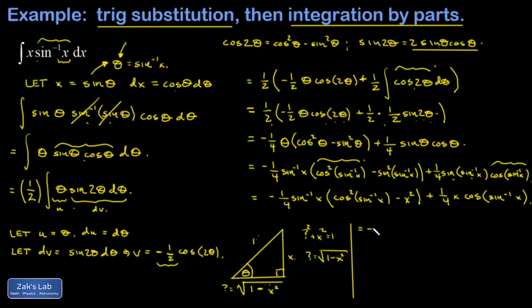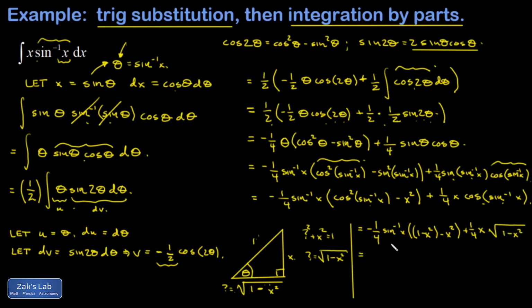So finally, I can write negative 1/4 inverse sine x times the square of the cosine of the angle whose sine is x. In other words, just 1 minus x squared. That undoes the square root. Minus x squared plus a 1/4 x times the cosine of the angle whose sine is x. Well, that's square root 1 minus x squared.